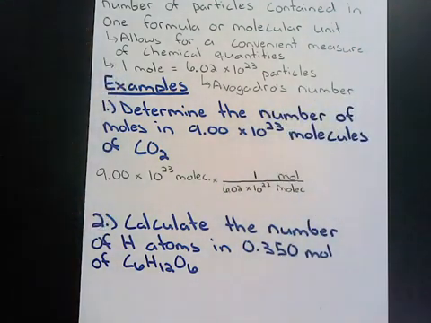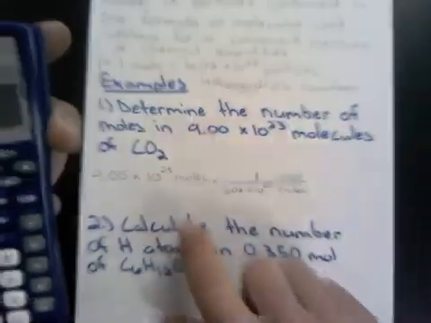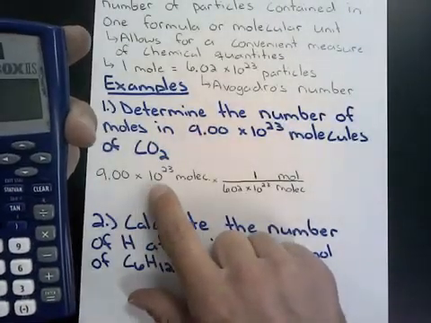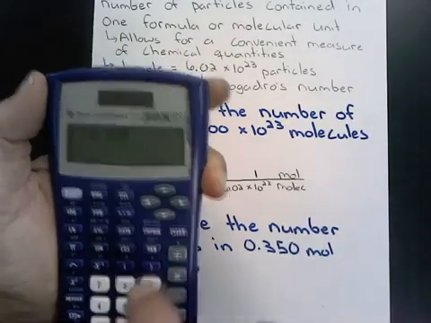Now, if we grab our scientific calculator, we start out and type in 9.00 times 10 to the 23rd, and I'm always going to put it in parentheses.